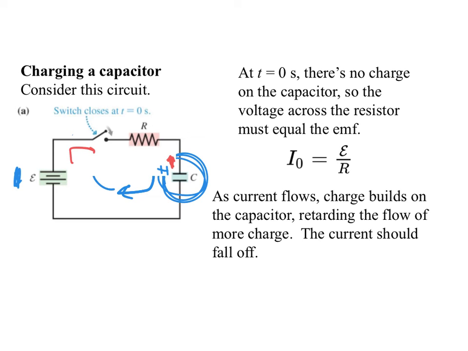In fact, the amount of current is going to drop as much as the charge on the capacitor is changing. Therefore, we should not be surprised at all that we're going to get an exponential growth in the charge as well.